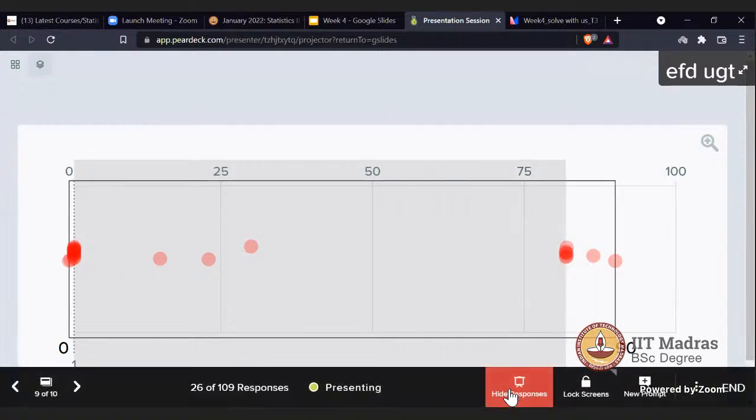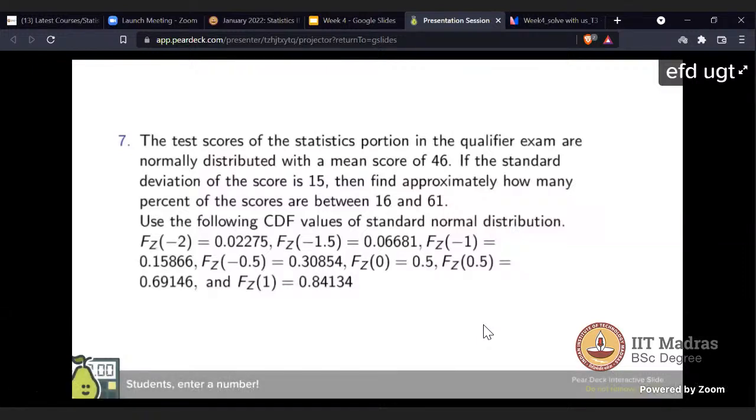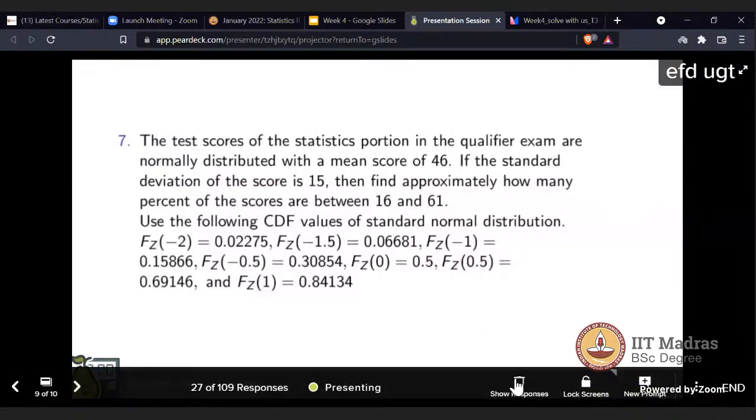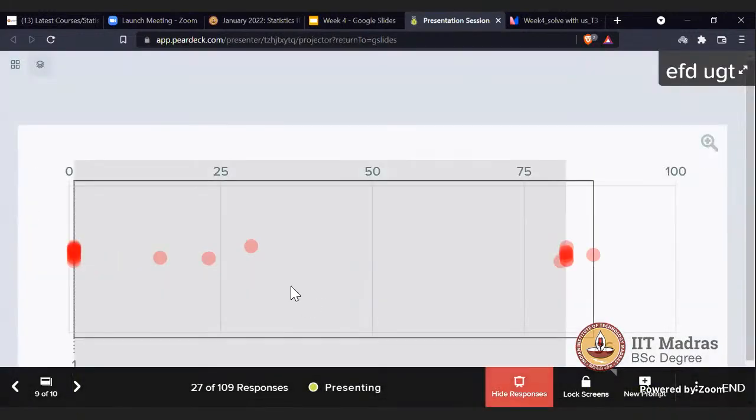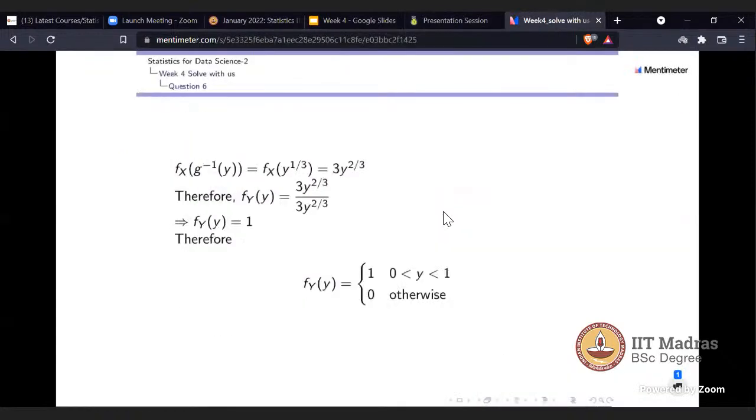Yeah. 82. So here you have to find the percent of scores. So you have to write the percentage. I can see many people have written within probabilities. Yeah, we would have written it as 0.81, 0.818. Okay, so I'll go to the solution part.